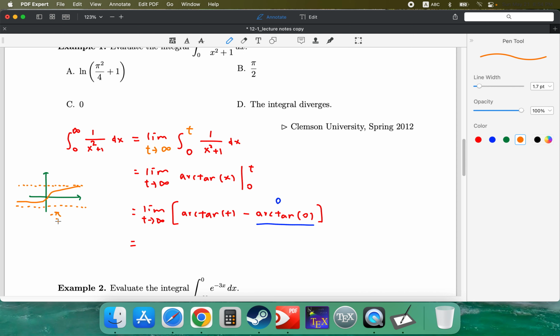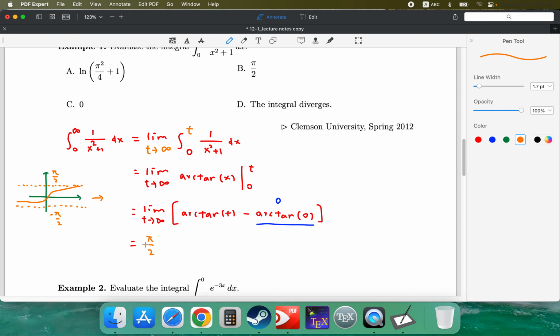So the two horizontal asymptotes are y equals pi over 2 and y equals negative pi over 2. Right here, when t goes to infinity, infinity is that way, and your y will approach pi over 2. So that means the limit of arctangent of t as t goes to infinity is pi over 2.